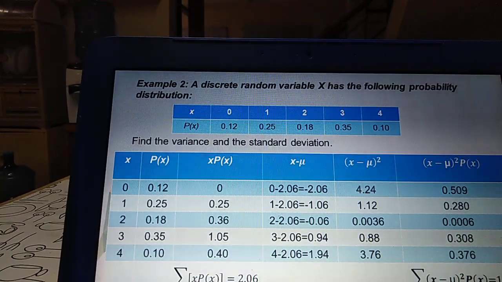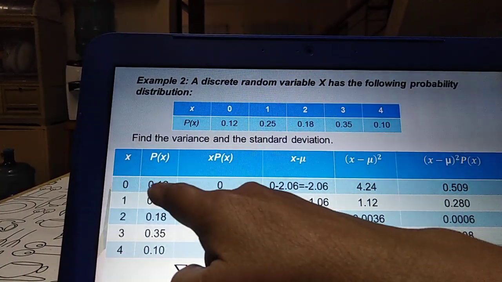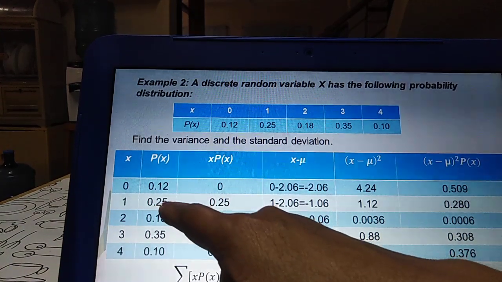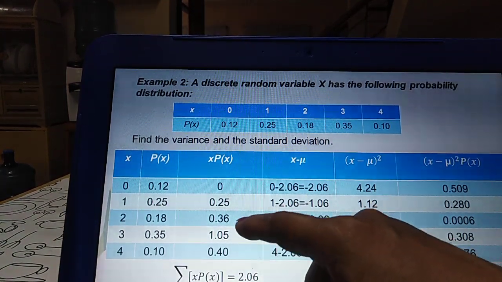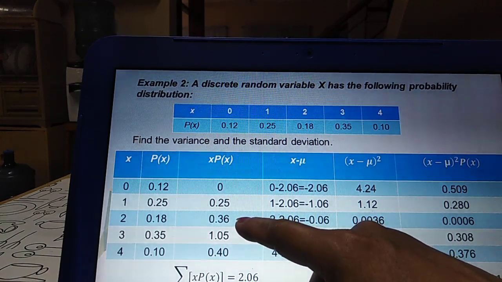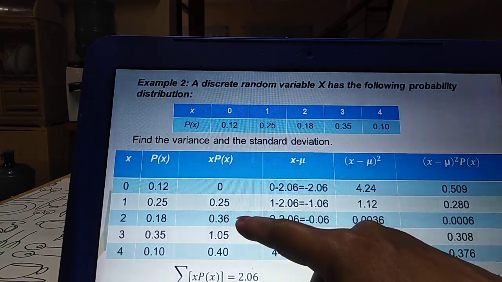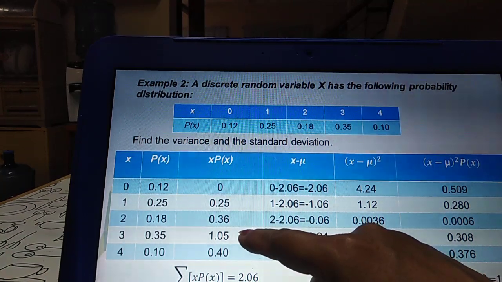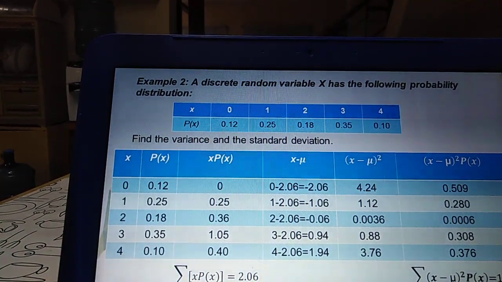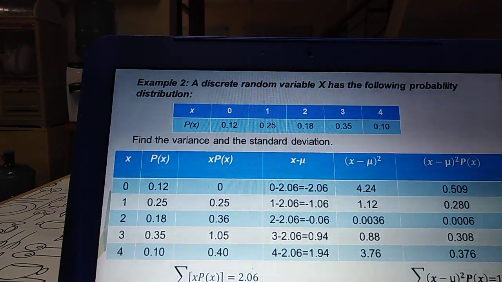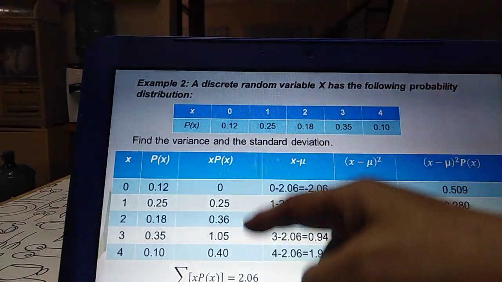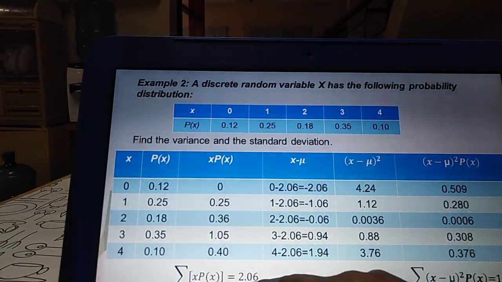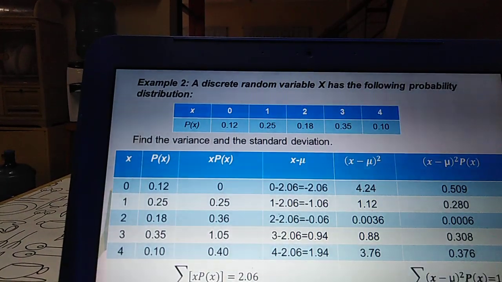So 0 times 0.12 is 0. 1 times 0.25 is 0.25. 2 times 0.18 is 0.36. 3 times 0.35 is 1.05. 4 times 0.1 is 0.4. We add everything up, we get 2.06. This is now our mean or our expected value.